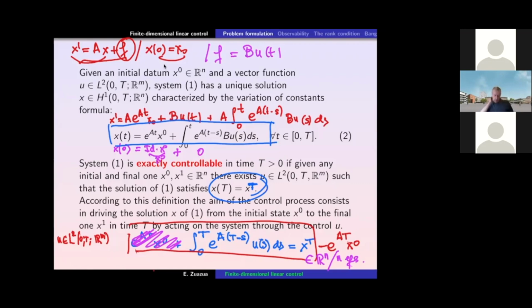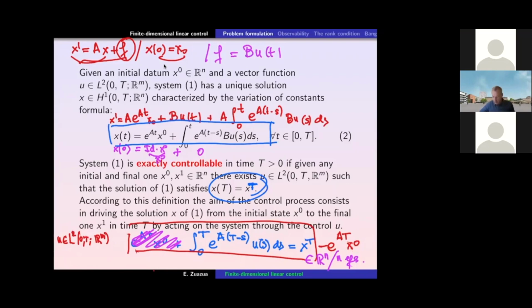It's infinite. So you say, well, then it should not be that difficult, right? I have a finite number of equations, and I have an infinite amount of components to solve it. So I should be able to do it, right? I should be able to find a vector u out of this infinite dimensional space, just to fulfill n equations, right?